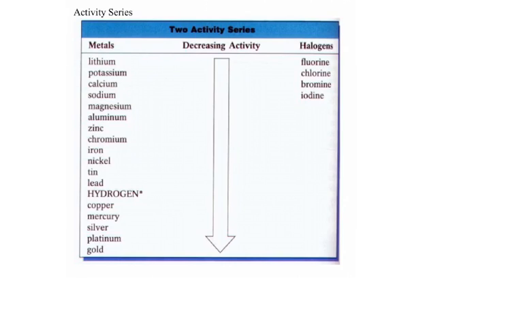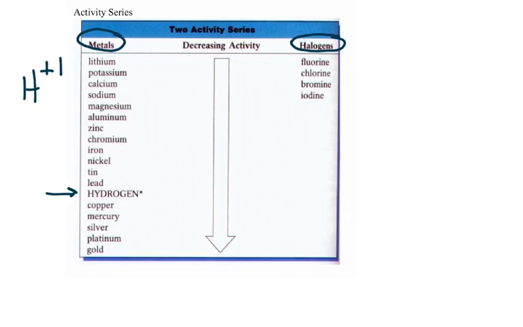Now notice that hydrogen, which is with an asterisk here, is on the list. Now notice the list is divided into the metals on the left, and these are the non-metals, which are represented by these four halogens on the right. And the reason hydrogen is there is because hydrogen acts like a metal. Hydrogen usually is a +1 charge, and since it acts as a metal, it is part of the list.